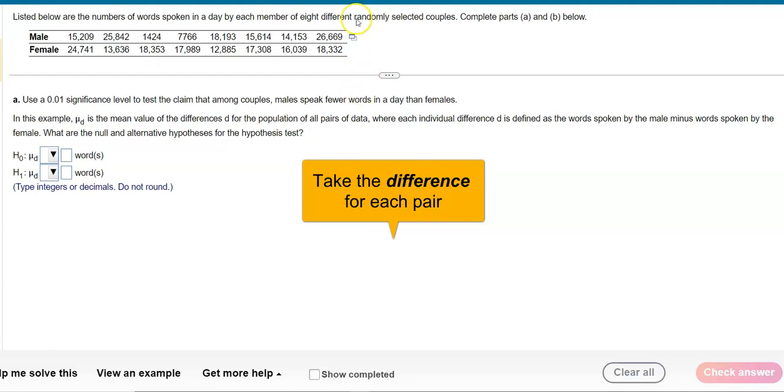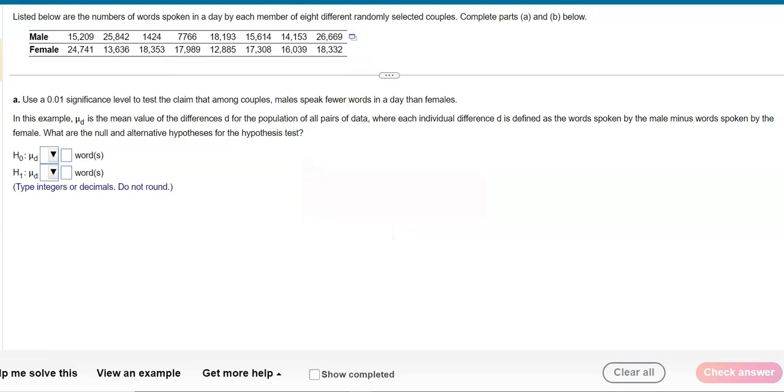So when they say d is defined as the words spoken by the male minus the words spoken by the female, that's important because it tells us in what order we are going to subtract these numbers. So we're going to take the male numbers here, and from that we're going to subtract the female numbers. Okay? So then let's see what that means.